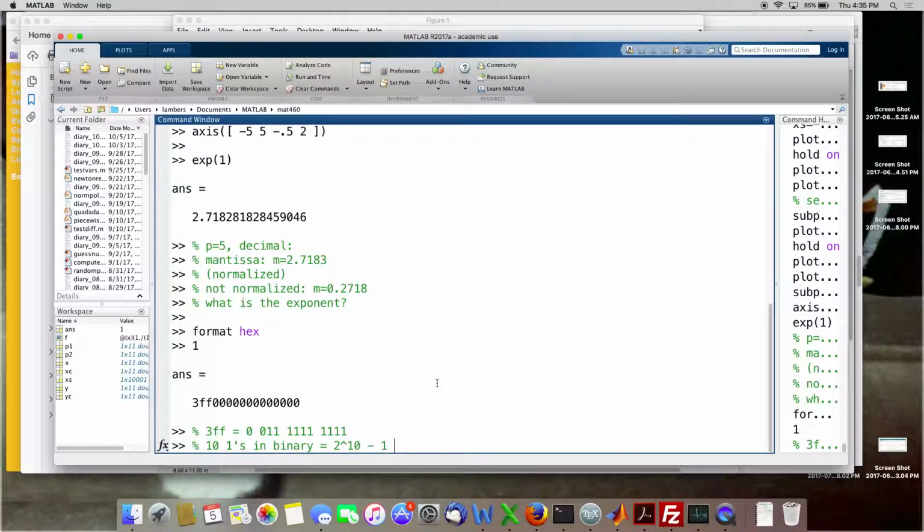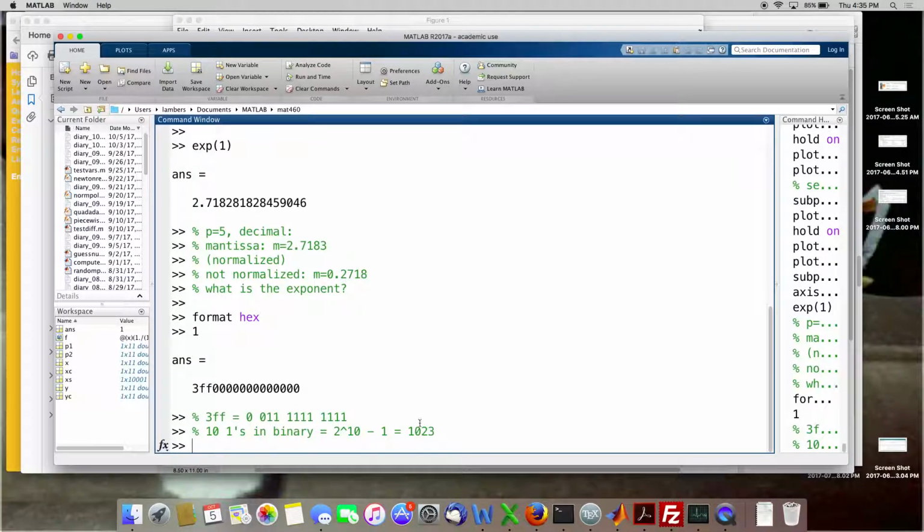Just like, for instance, if you have 9999, 4 nines, that's 10,000 minus 1, or 10 to the 4th minus 1. So it's 2 to the 10th minus 1, and that's equal to 1023. That's what's actually stored in here. To get the exponent, you subtract from this, you get an exponent of 0.